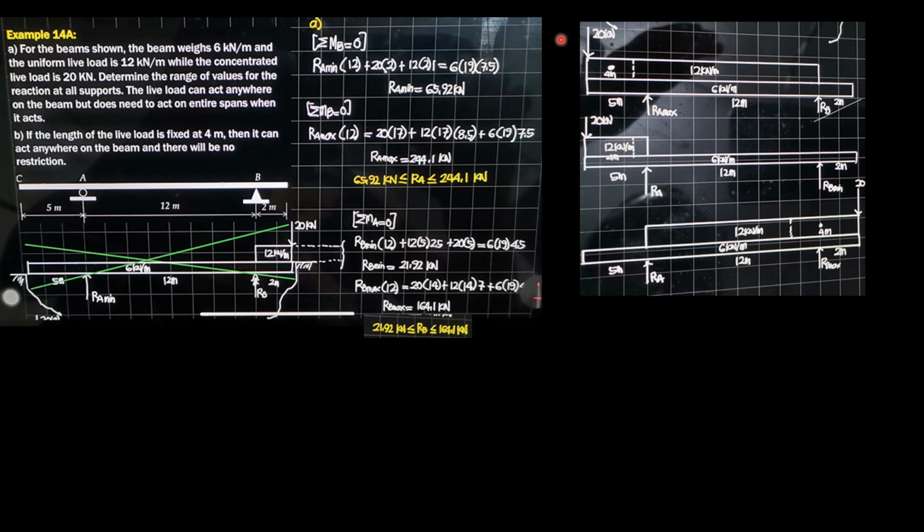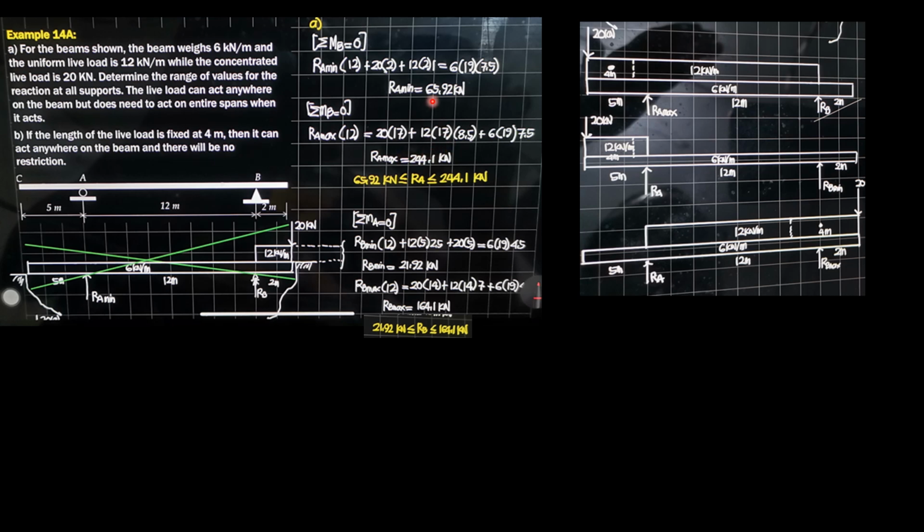So summation of moments about B equals 0, the equation would still be RA max times 12, then equals 20 times 17 plus 12 times 17. Half of 17 is 8.5, then plus 6 kilonewton per meter times 19. Half of 19.5 minus 2, so 7.5. So RA max is 244.1 kilonewtons.